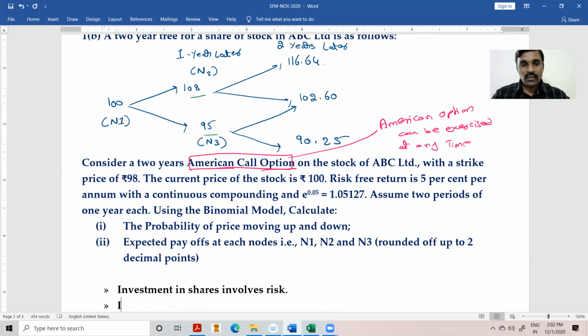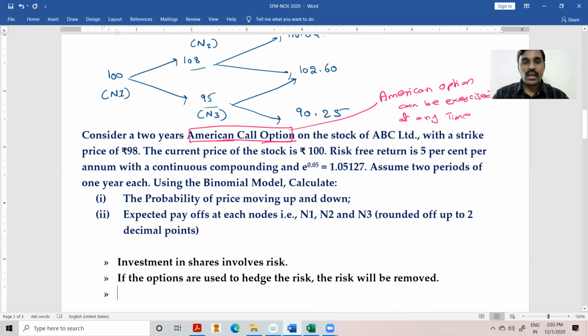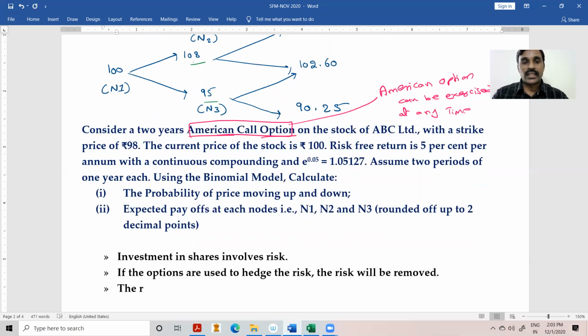Next point: if the options are used to hedge the risk, the risk will be removed. Therefore, the resultant position is a riskless position, a risk-free position.